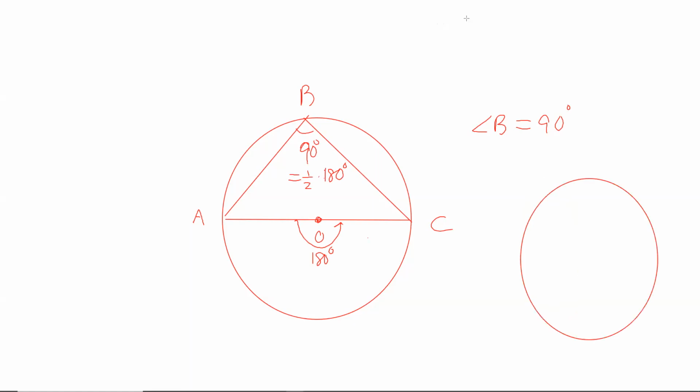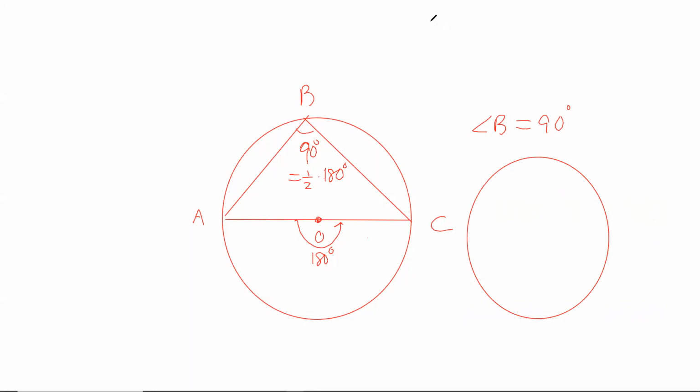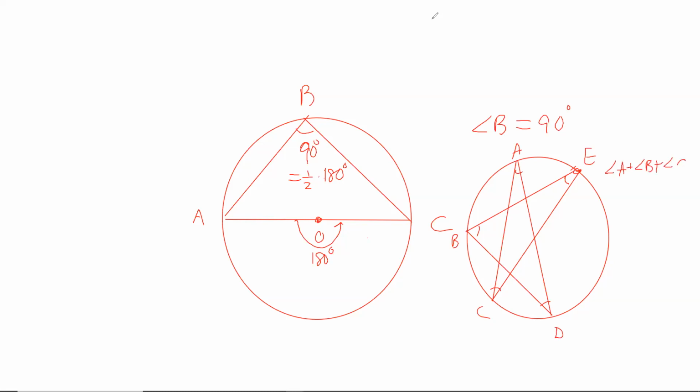Okay, so let me give you another one. What is the sum of these angles? So this is the 1 point there, okay? So what is the sum of these angles? 180. Yep, why? Because the central angles from each of these angles cover the entire circle, totaling 360 degrees.